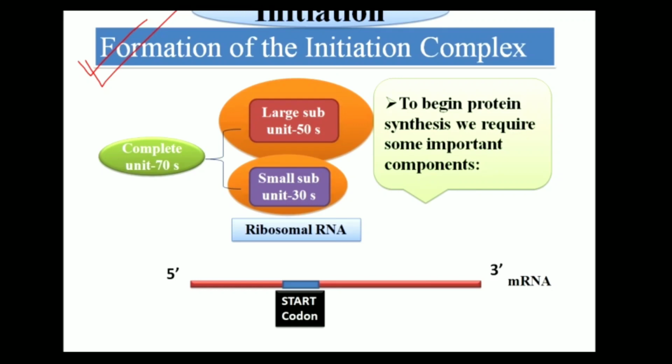One is the small subunit of the ribosome, and the other is the large subunit of the ribosome. The small subunit is 30S, and the large subunit is 50S. This complete set forms the 70S ribosome in case of prokaryotes.